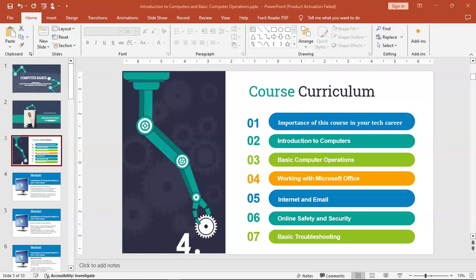We'll talk about the internet and email, how to do proper research on the internet, and how to communicate using the internet, your email, Gmail, and other email providers. We'll also be looking at online safety and security. We're going to understand the basics of cybersecurity.